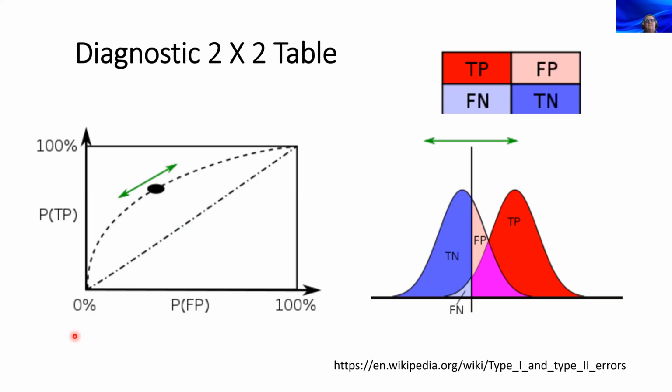I'm presenting this graph from Wikipedia, in terms of some of the errors, just to get a sense as to the diagnostic 2x2 table. So looking at our true positives, our false negatives, our false positives, and the true negatives, and how they're related to the distributions and testing.